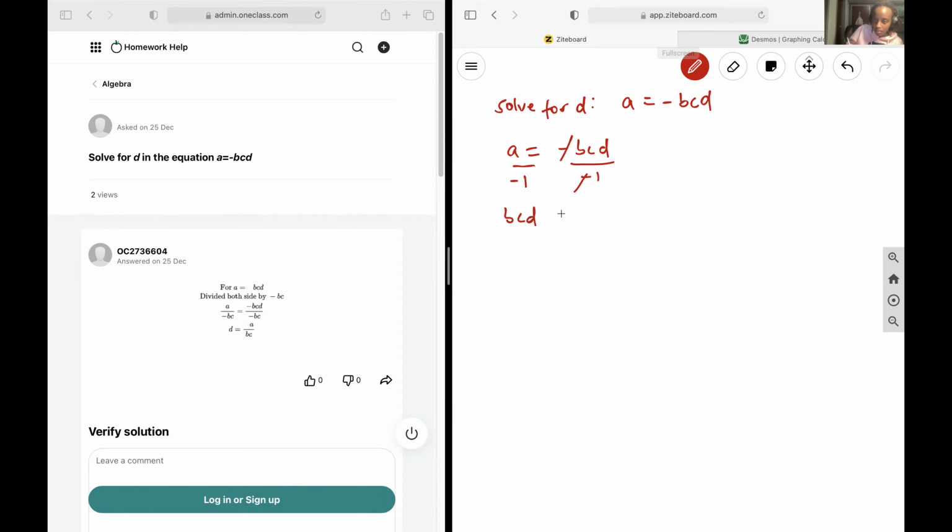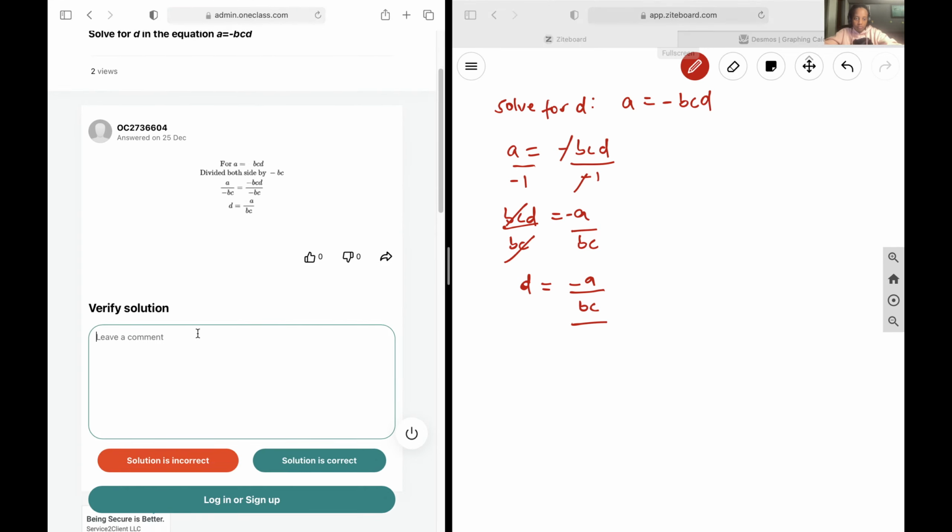And so we get bcd is equal to a. And then let's divide out bc on both sides so that we can isolate that d. And we get d is equal to negative a over bc. And that's going to be our final answer.